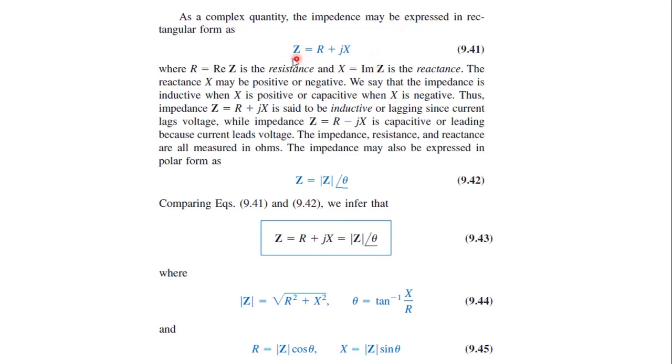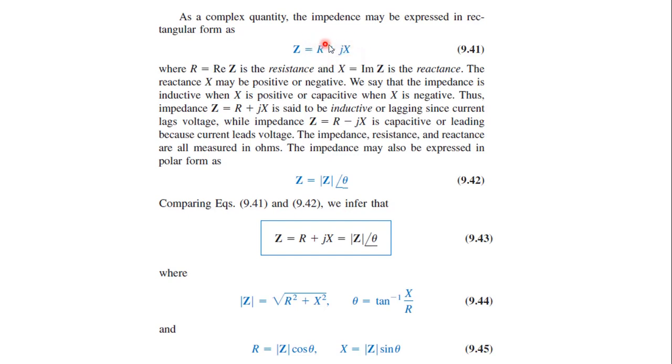Here we'll describe this impedance in rectangular form. We know that impedance is represented by the term Z, right? So this can be expressed as a complex quantity which is equal to R plus jX, where R is called resistance and X is called reactance.